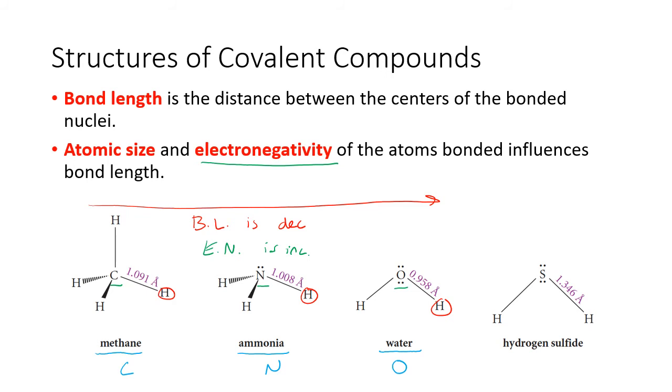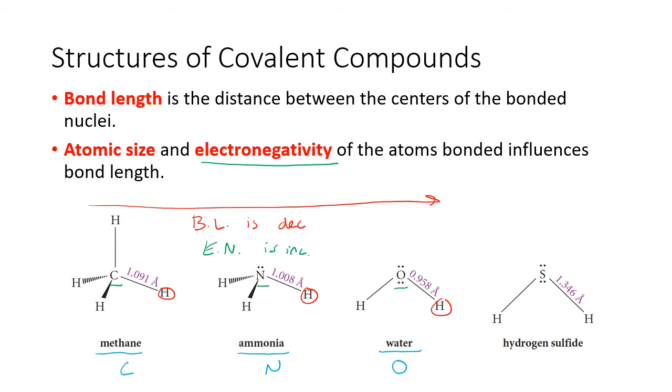So oxygen has a much higher pull for those electrons, so you end up having a little bit of a shorter bond length compared to nitrogen. And carbon is less electron greedy than nitrogen, so the bond length is a little bit longer compared to that. So the bond length is inversely proportional to the electronegativity when we're in that same row of the periodic table.